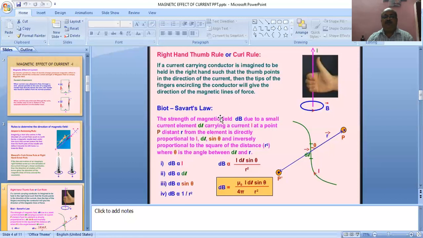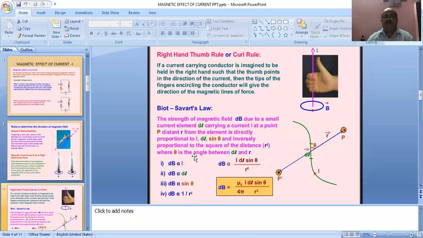According to this law, the strength of magnetic field, that is dB, due to a small current element dl carrying a current I at a point P, at distance r from the element, is directly proportional to I dl sine theta and inversely proportional to the square of the distance r.